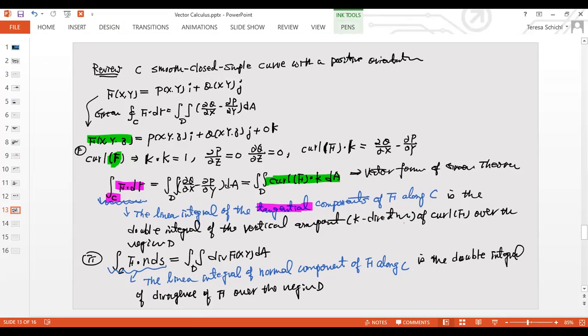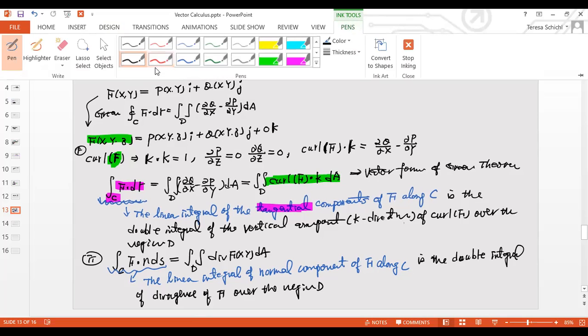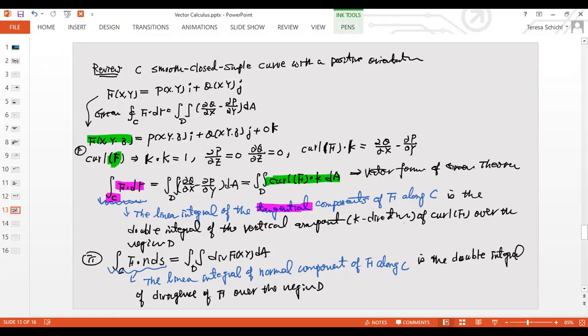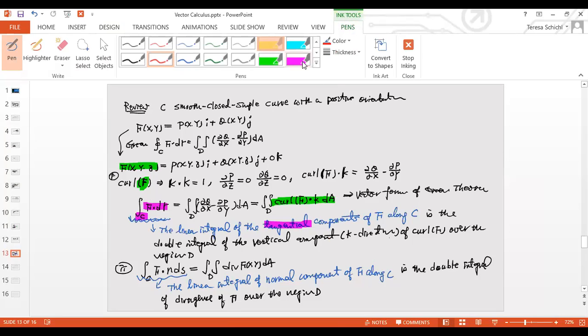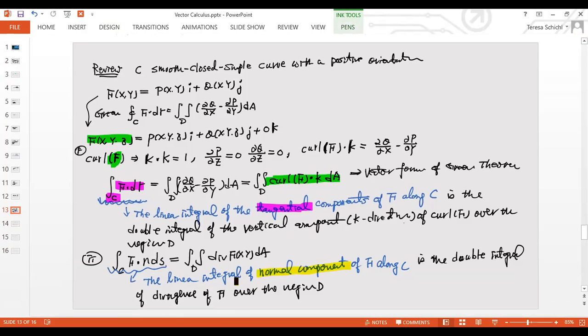So far what we learned is the tangential components, right? We have not learned the normal components. So this one we call the normal components. It's a double integral of the divergence.